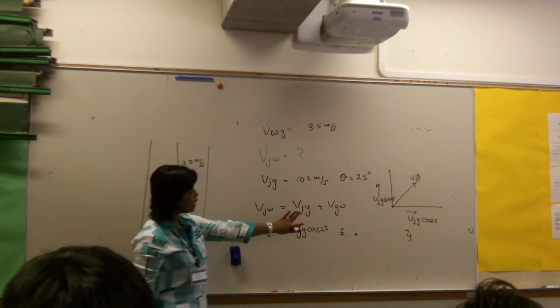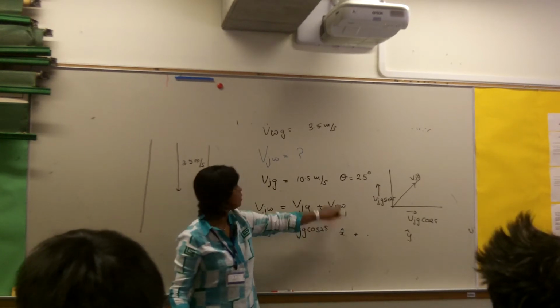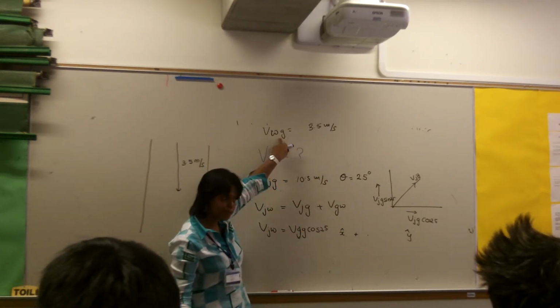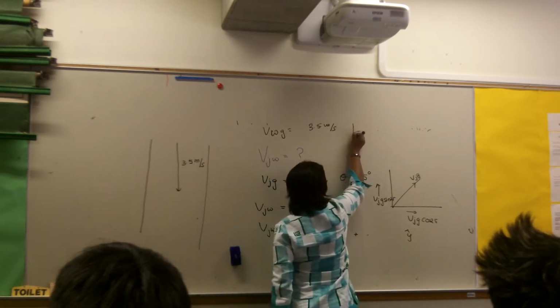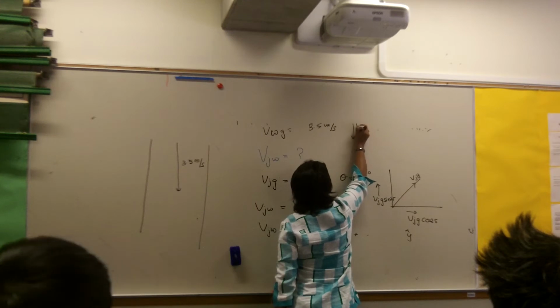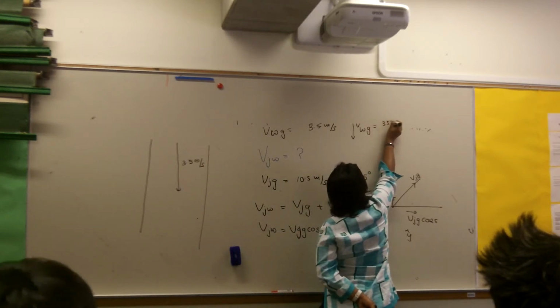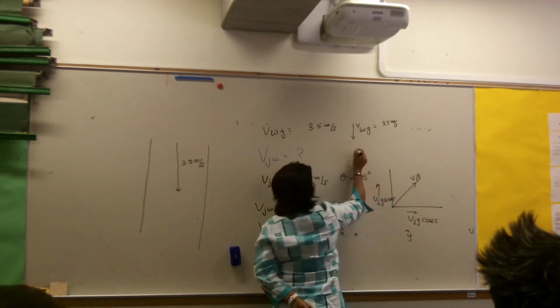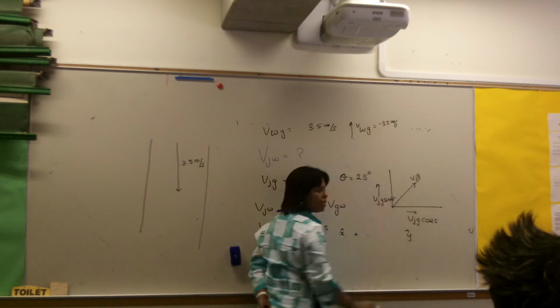But now you need to be careful here. Do we know this? We are only given VWG, right? Is that clear to you guys? So if you look at this direction, VWG is equal to 3.5 meters per second. If you think of the positive direction, this is going to be negative, right?